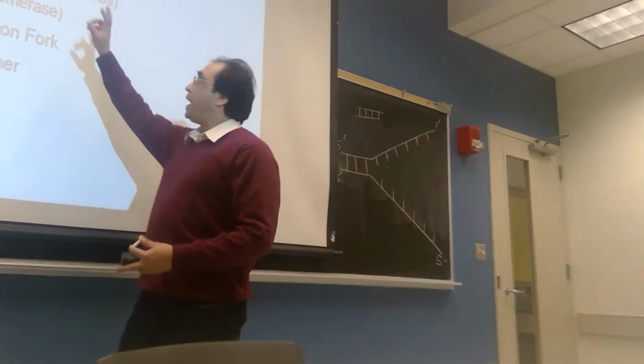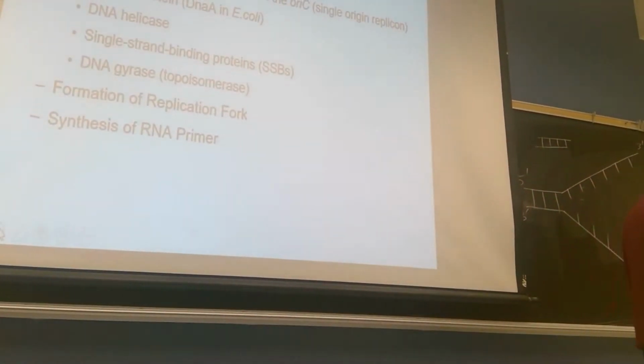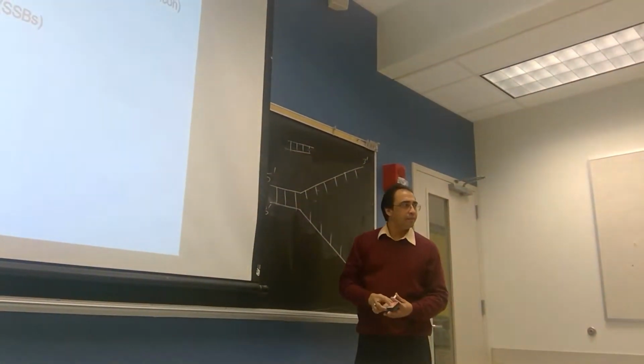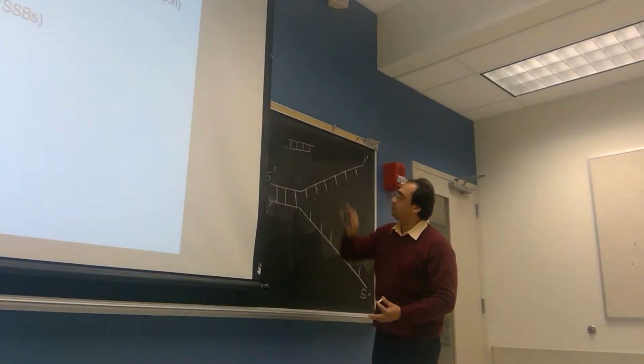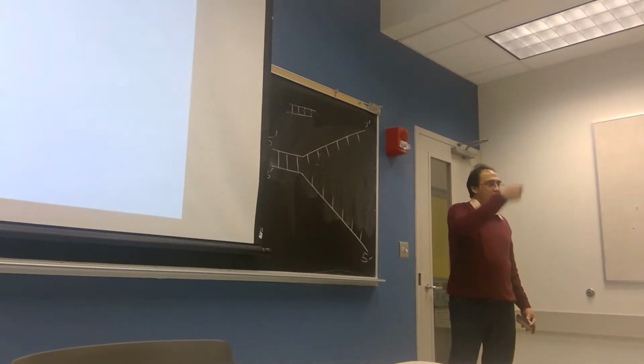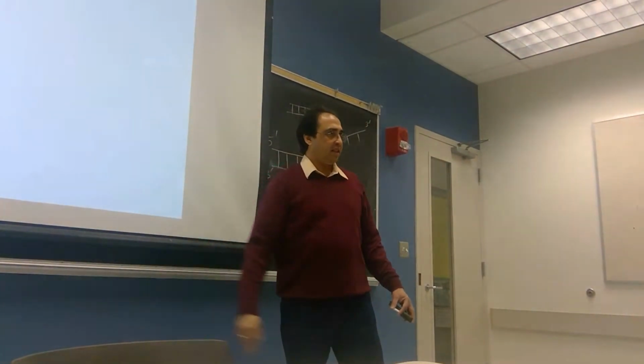Next is opening up the strands, just like a zipper. At first it was like that, then open this up, then open this up, like this. What is the function of a zipper? That function is done by DNA helicase.